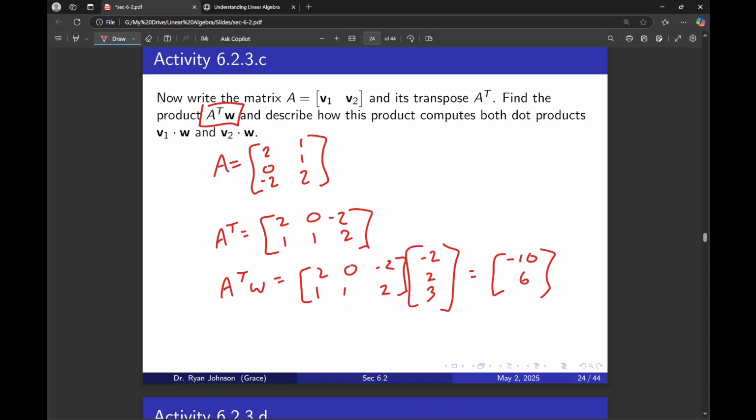So A transpose times W is the same as doing the dot product with those vectors in W. Okay? So it's a good way of organizing, like when you're doing a bunch of dot products.